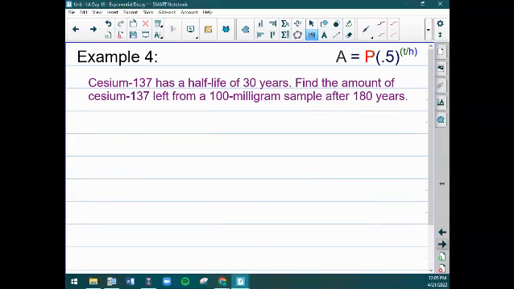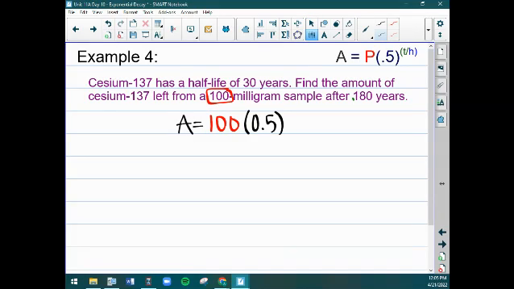So here's another example. So I've got cesium-137 has a half-life of 30 years. Find the amount of cesium-137 from a 100 milligram sample after 180 years. Okay, so I've got my A, and I find that by doing my initial amount. So I start with 100 milligram sample, okay, times 0.5 to the power of T, okay, which is the time that I'm looking for.